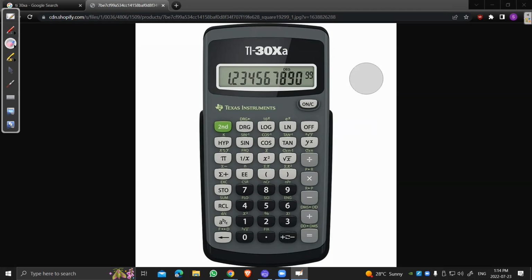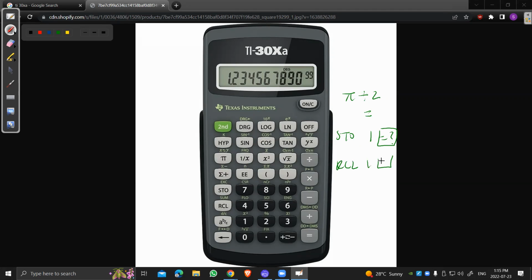Okay, that's good. Let's try something different now, because I think this is it. We're going to do pi divided by 2. Press equals. Then press STO1, and then press equals if you have to. And then do RCL, and then press 1. I don't know if you need to press an equals, but tell me, when you do this, what do you get? RCL and 1.